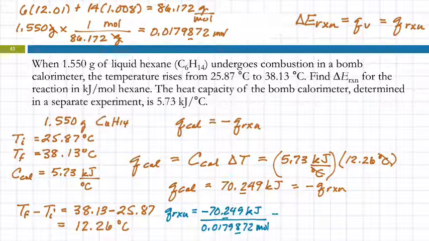That gives 3905.5 kilojoules per mole, and that would be negative, right? 3 sig figs. If we don't want to use scientific notation, we'd call that negative 3910 kilojoules per mole.